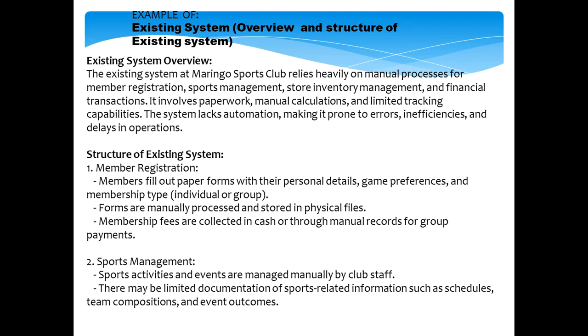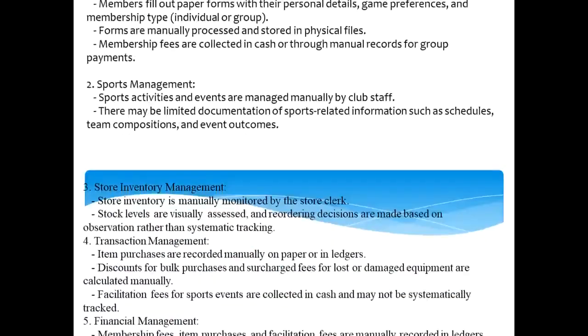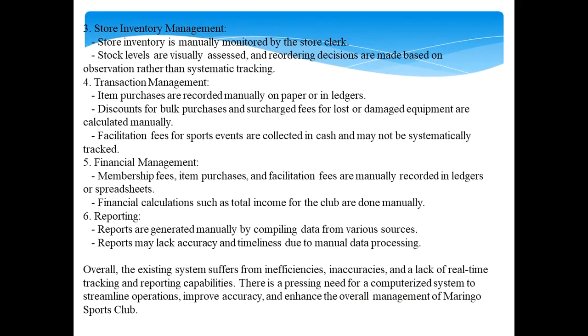Then sport management, how is it done currently before we computerize? Sports activities and events are managed manually by club staff. There may be limited documentation of sports-related information such as schedules, team composition, and event outcomes. Then the next part here is store inventory management.